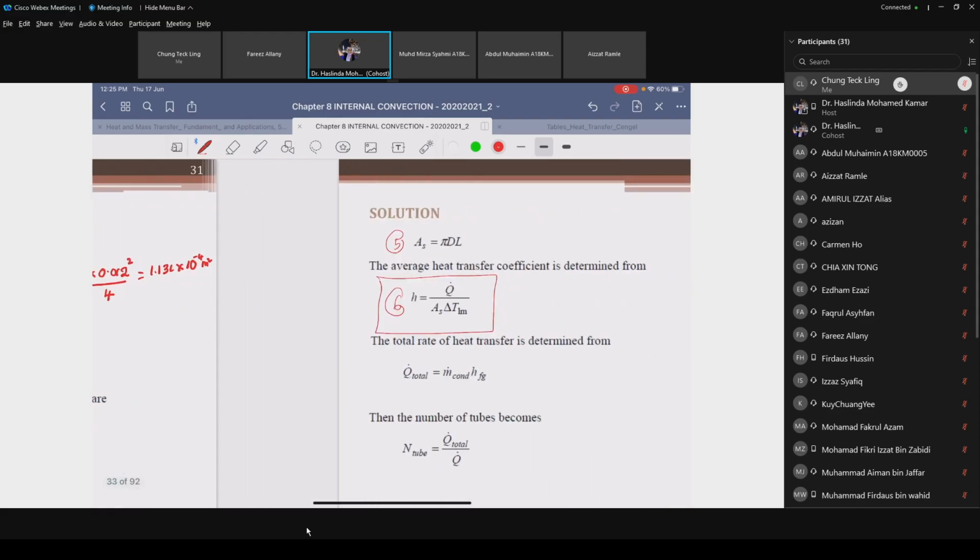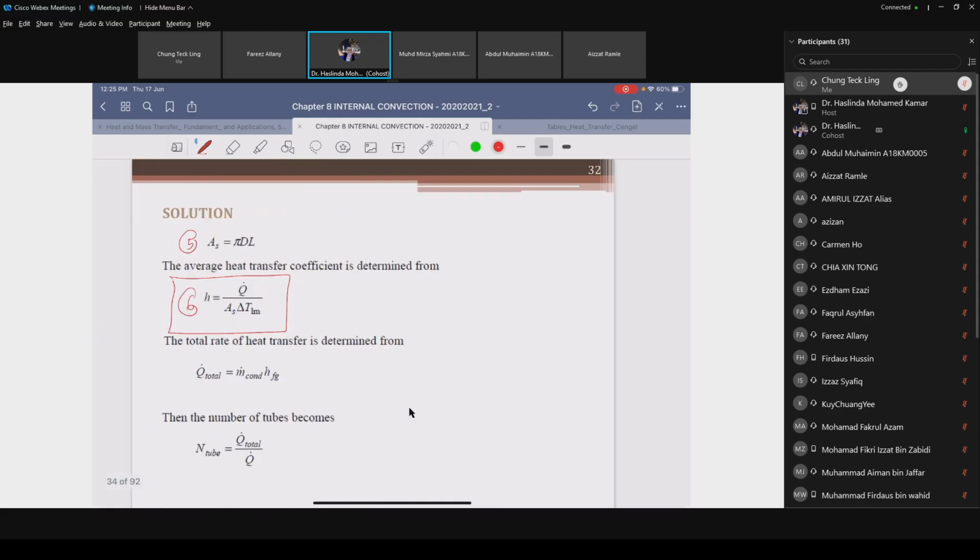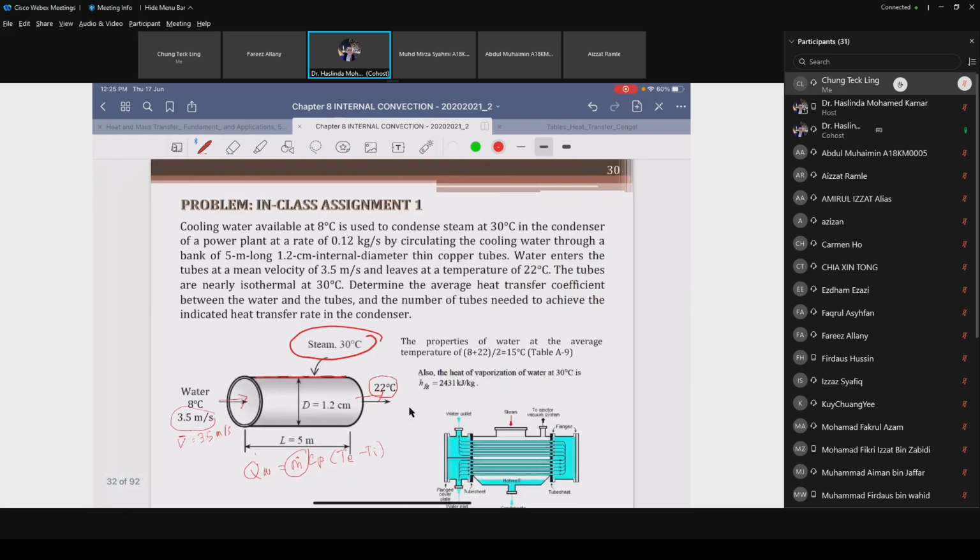Okay, so this is water. So bila water, nampak tak saya ada bagi Table A9, the properties of water at the average temperature, 8 degrees plus 22, so you get 15.